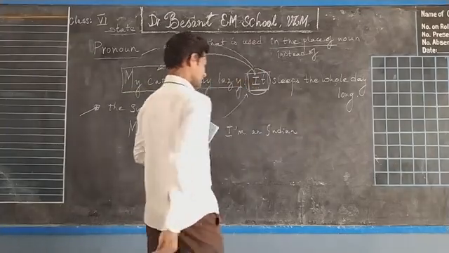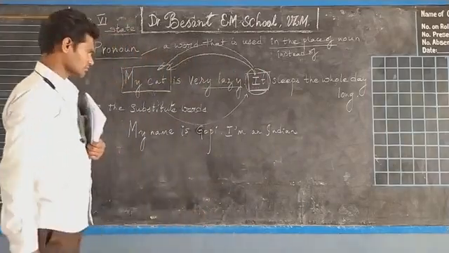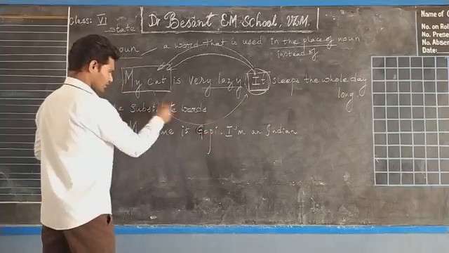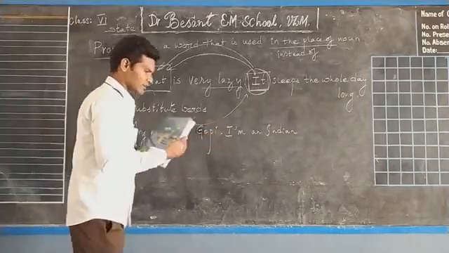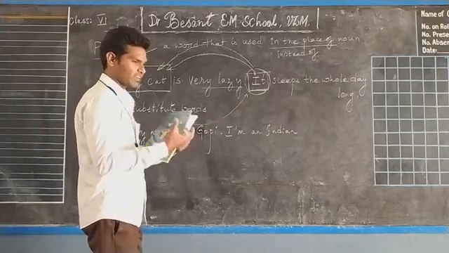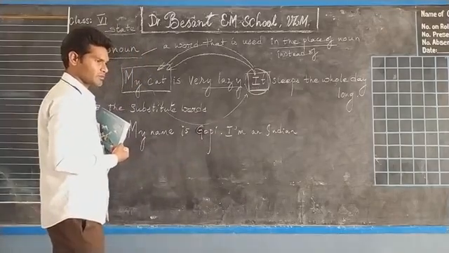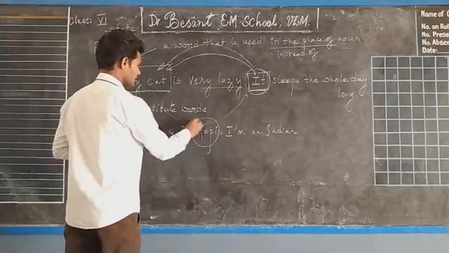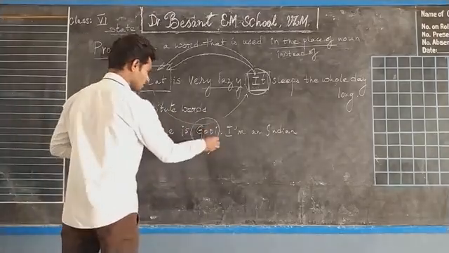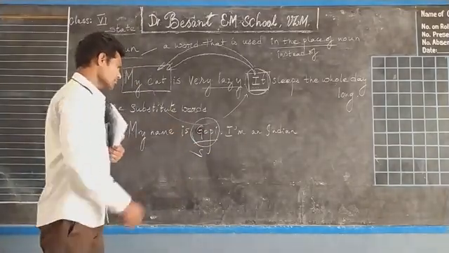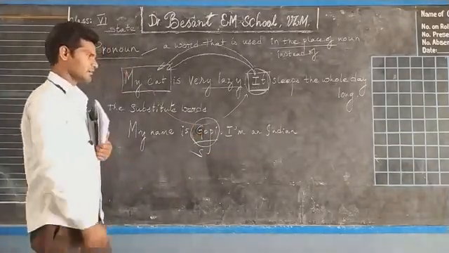In the first sentence, who do we talk about? What is the subject? We talk about a certain character, Gopi. This is the subject. My name is Gopi.